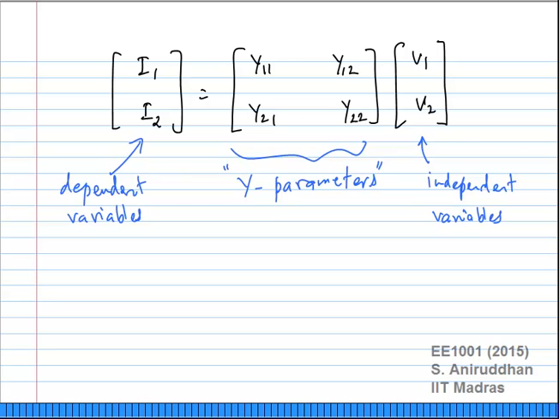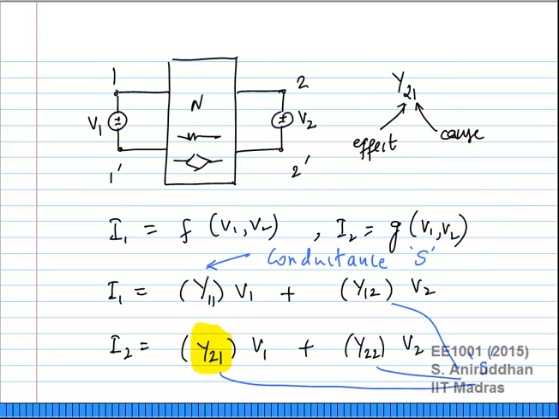How do you figure out, if I give you any specific network consisting of linear resistors and linear controlled sources, the Y parameters of the network? By applying a known voltage and calculating them out. But let's look at these expressions that we have written down.